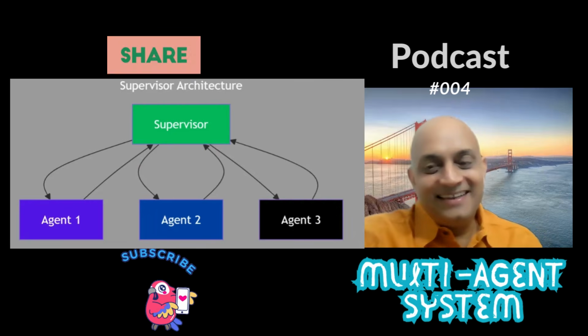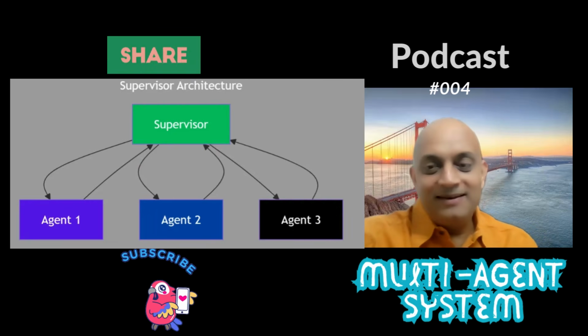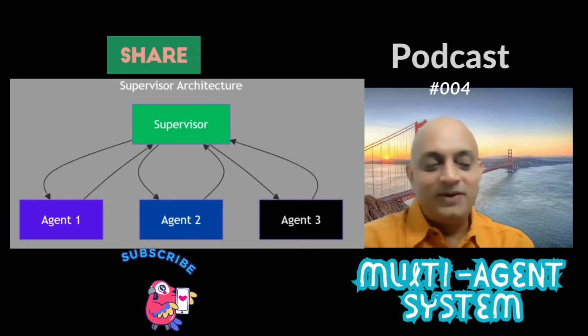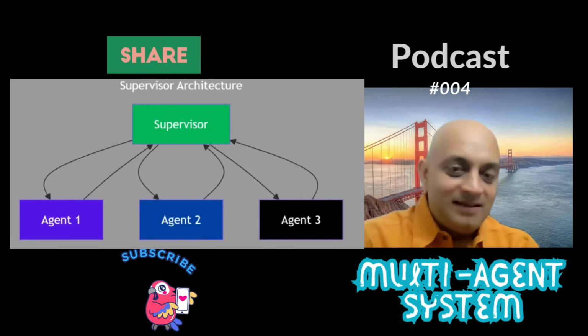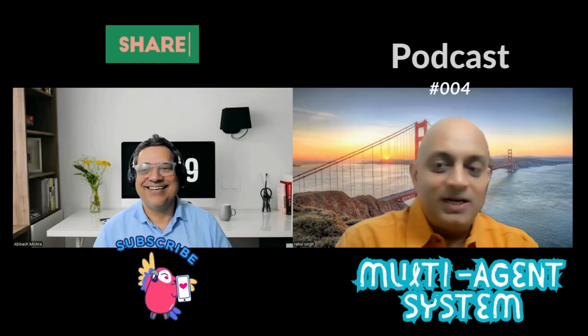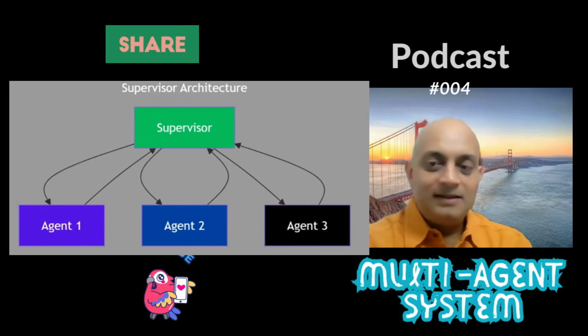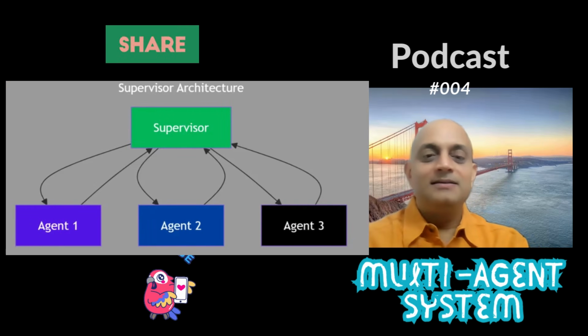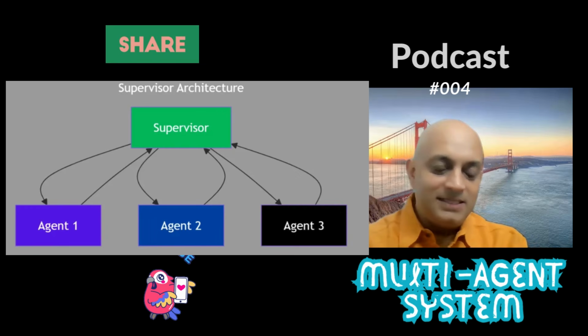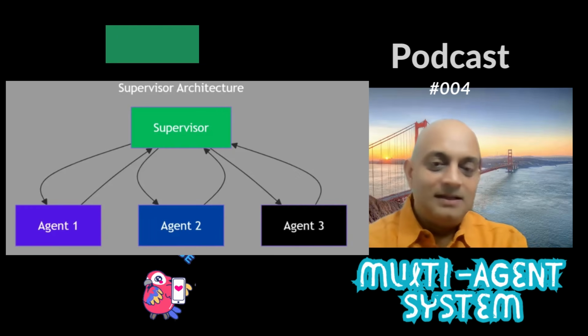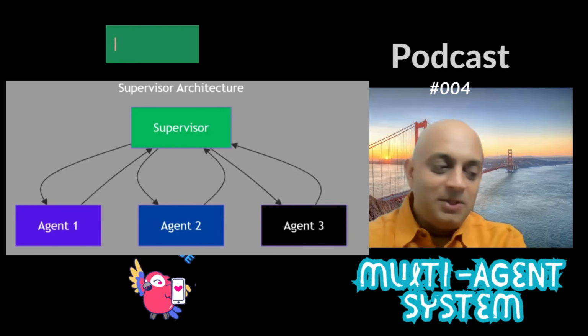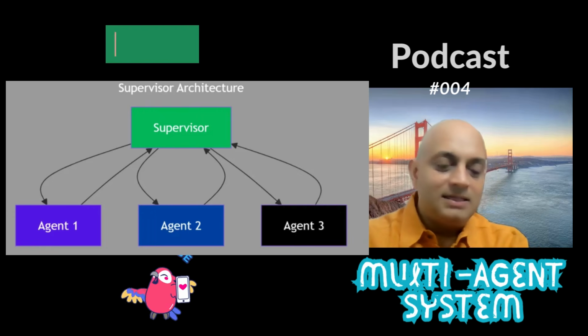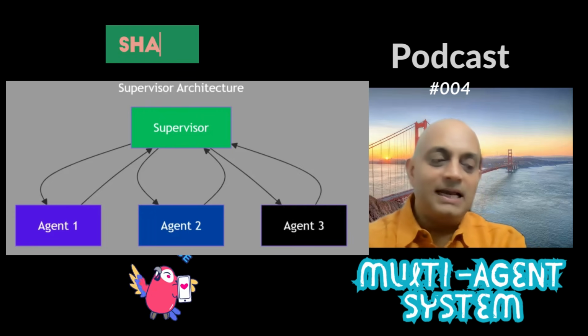So a little bit of dictatorial. From democracy, we are moving to a little bit of dictatorship, which is the supervisor architecture. Exactly. Here the initial prompt is sent to one central agent. This agent is in the role of a manager. It is kind of a triager.